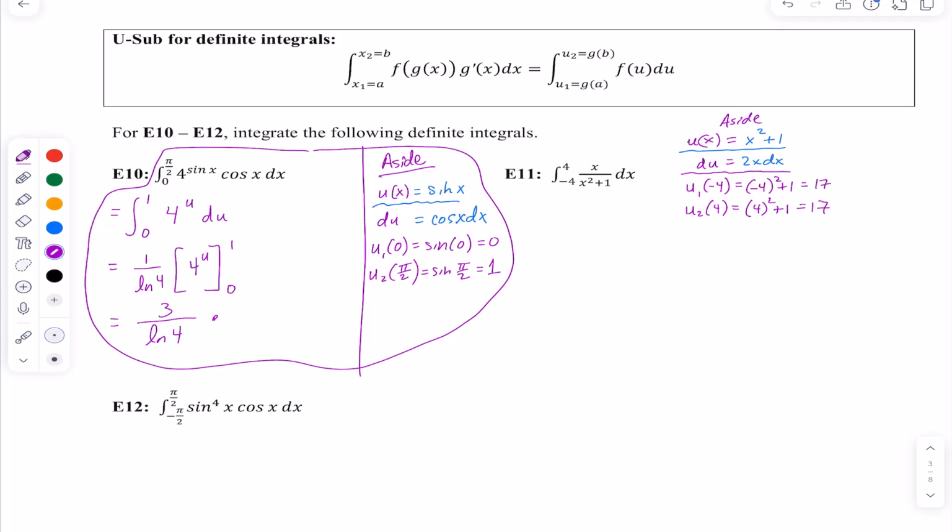Notice we have a domain of just 17. We're ready to substitute everything.